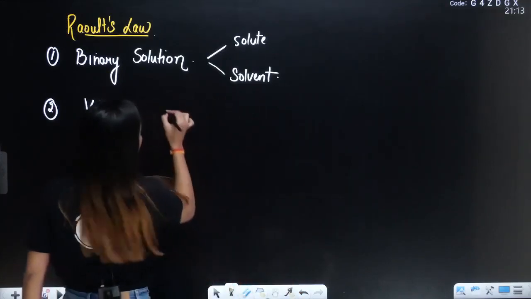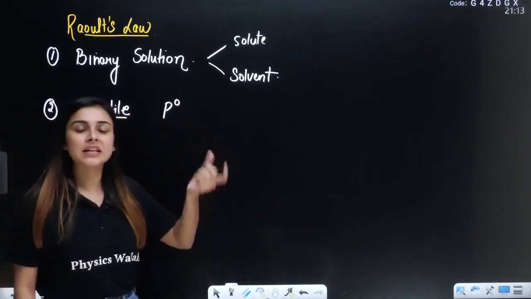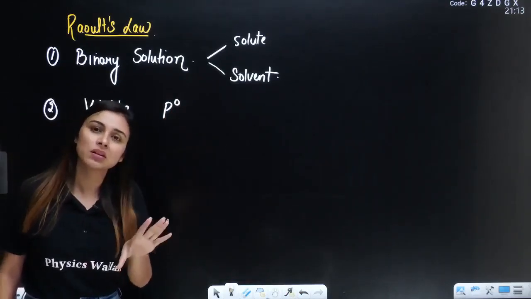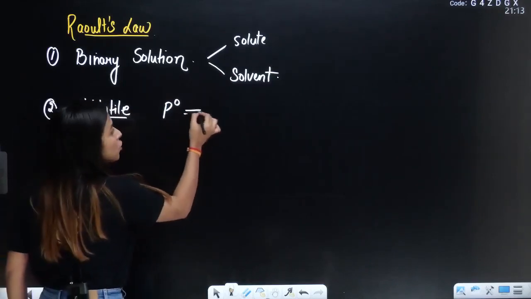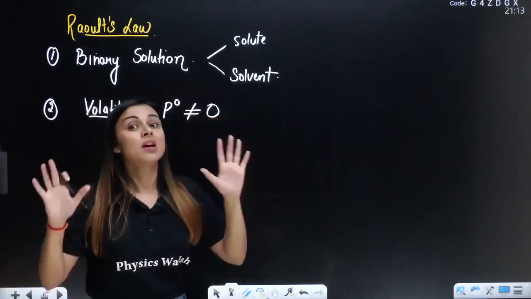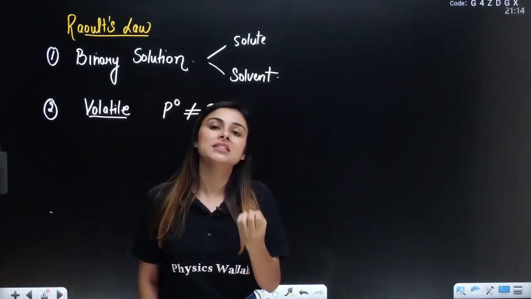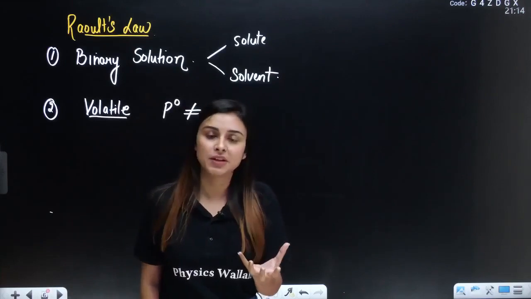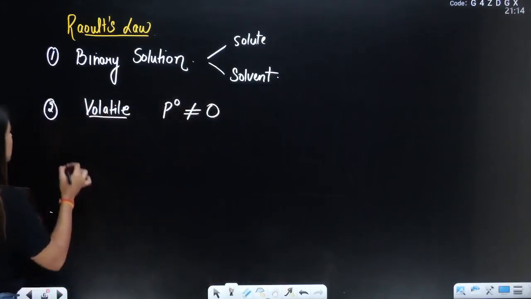Let's denote vapor pressure as P naught. A volatile substance will have some vapors, so it will have some vapor pressure. So this P naught is not equal to 0. It will have some value. So volatile means the substances which exert vapor pressure, which can form vapors. Those are your volatile substances.